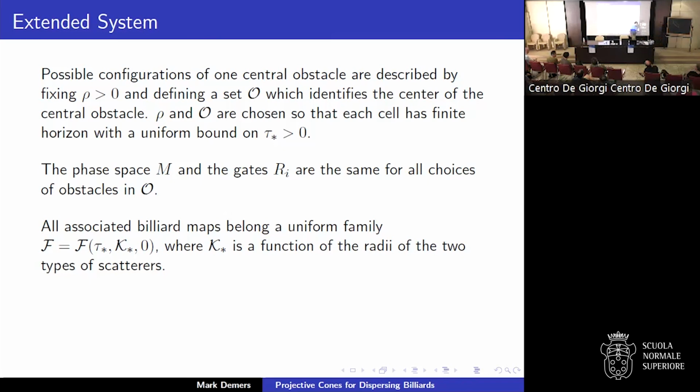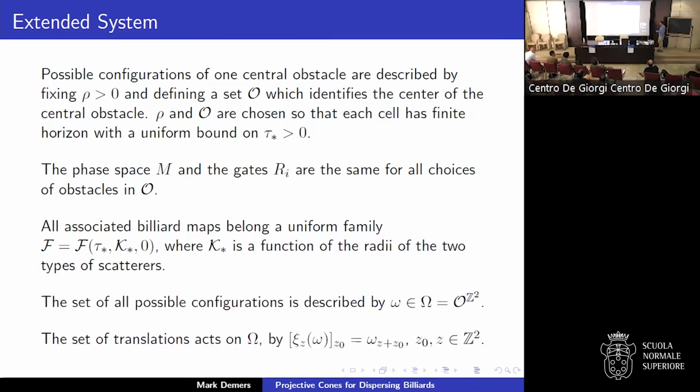E star, you can just choose to be 0. There's no problem with it; the third derivative is just not there. They're all just circles. And so you have some countable collection of permissible scatterers in every lattice cell. So you just have O to the Z^d.